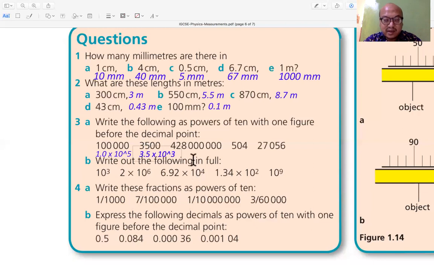And then what about 428 million? We can say this is 4.28 times 10 power 1, 2, 3, 4, 5, 6, 7, 8, power 8. That's it.